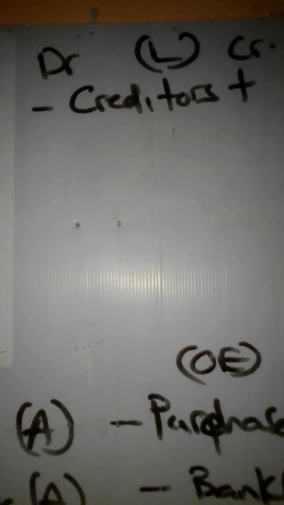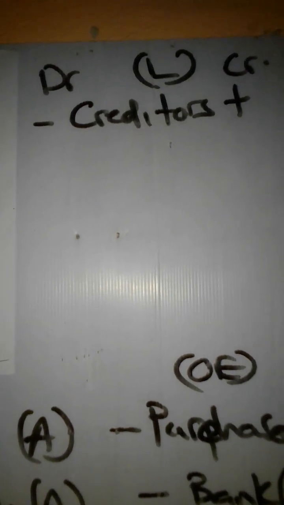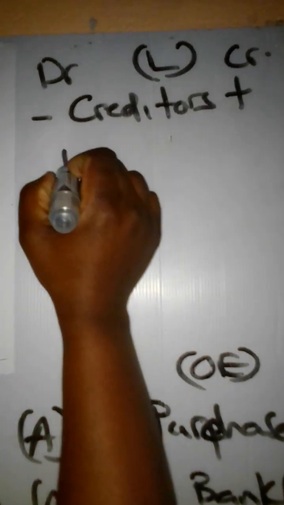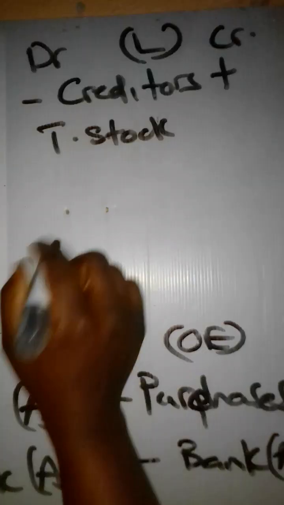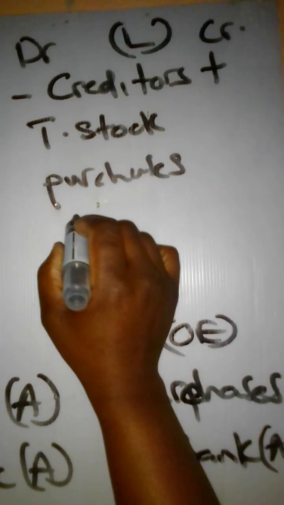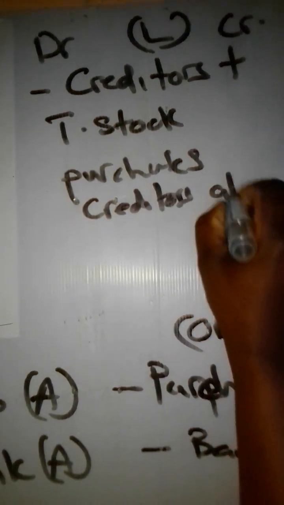Okay. So which other accounts are going to be open because of this transaction? On the perpetual inventory system, the returns are going to affect the trading stock. So we've got the trading stock account, and the purchases account under periodic, or we can say the creditors allowances.